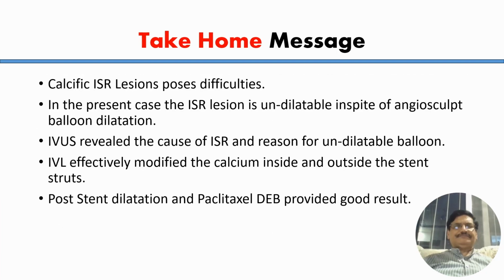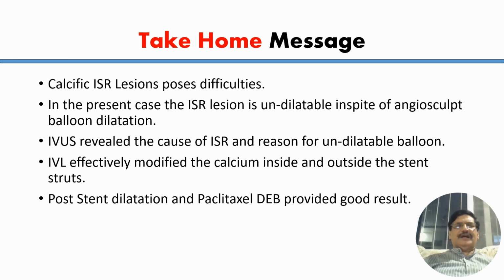So the take home message here: this is a complex calcific ISR lesion of the right coronary artery. Usually calcific ISR poses difficulties in view of undilatable and uncrossable lesions. In the present case, this ISR lesion was undilatable and non-yielding in spite of the AngioSculpt as well as the cutting balloon, which I did not show in the slides.